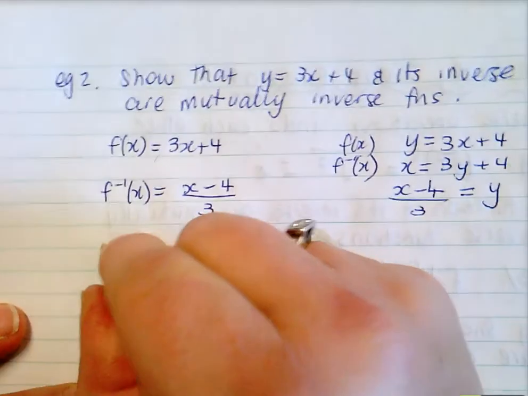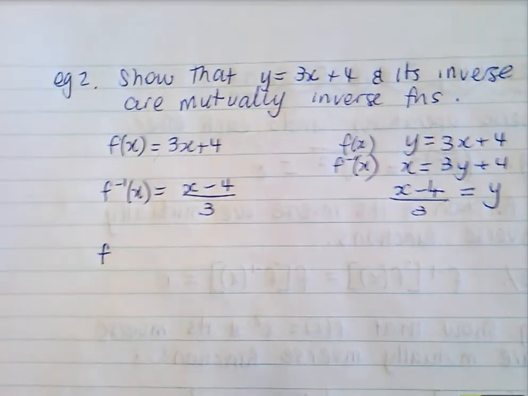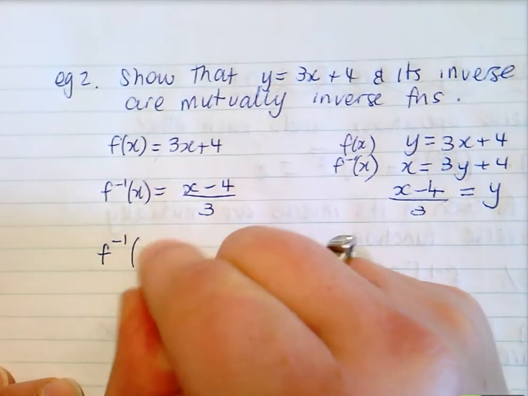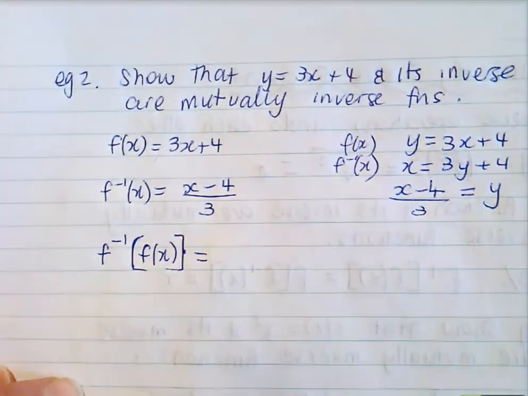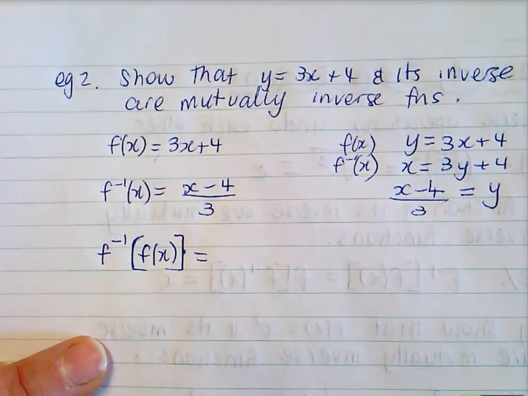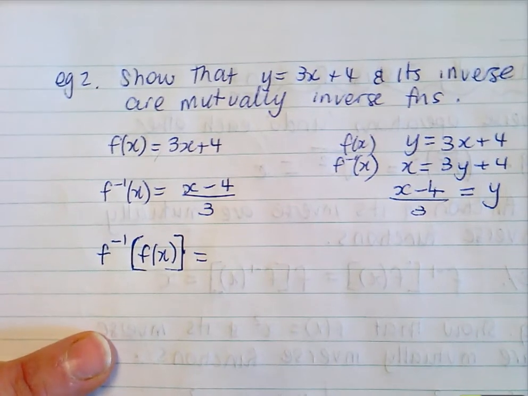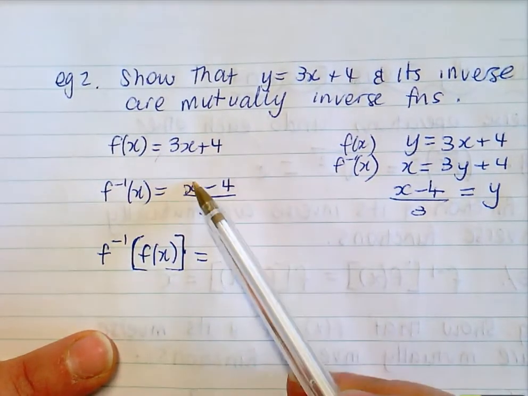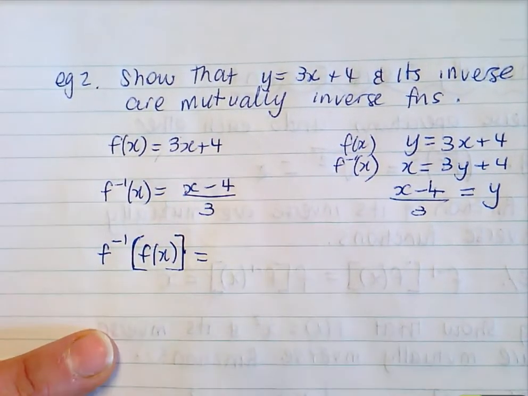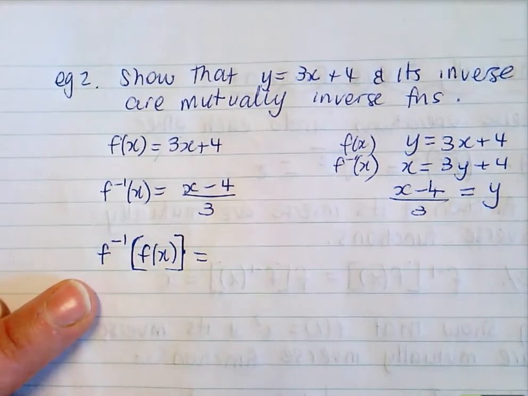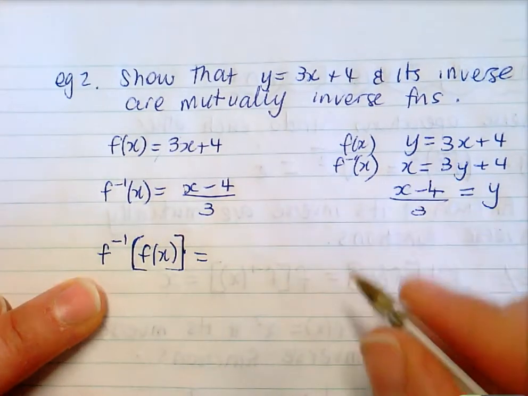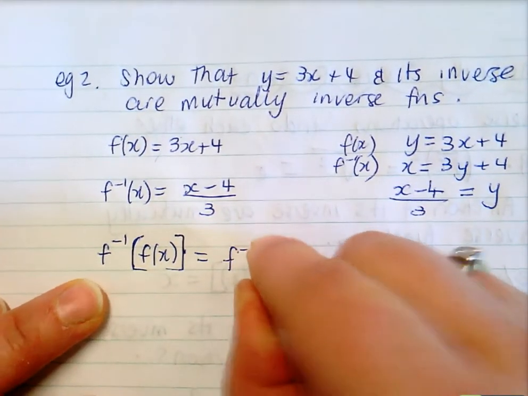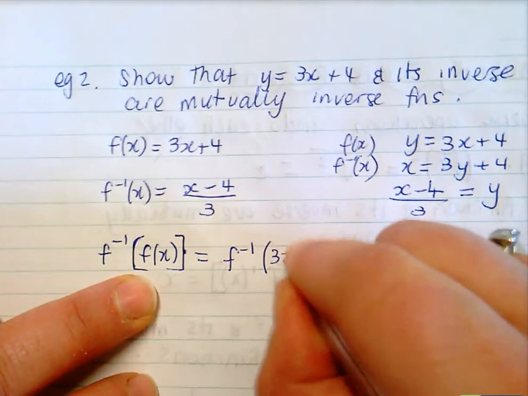So we need to do the inverse function of the function of x. All right, how do I set that one out? Do I sub this into that or that into this? What's my main function? It's the inverse, so I start writing that one out. Okay, so I want to do the inverse of 3x plus 4.